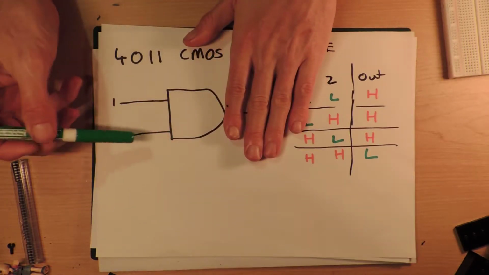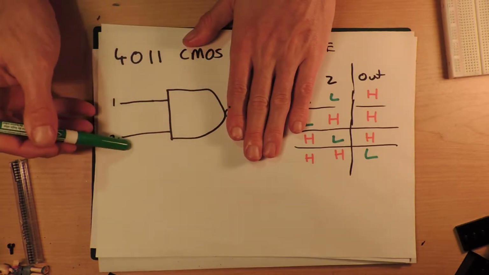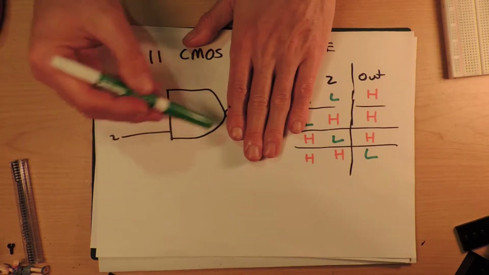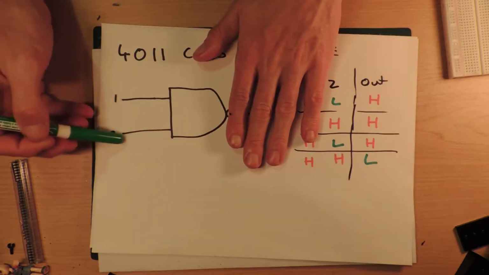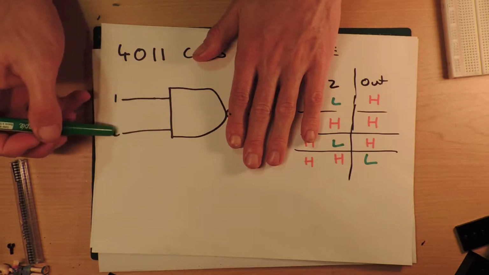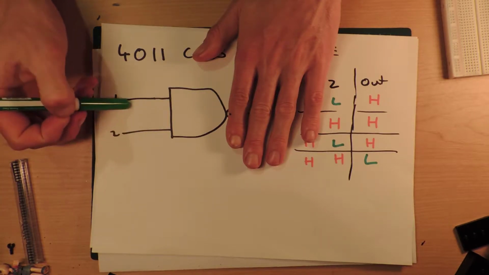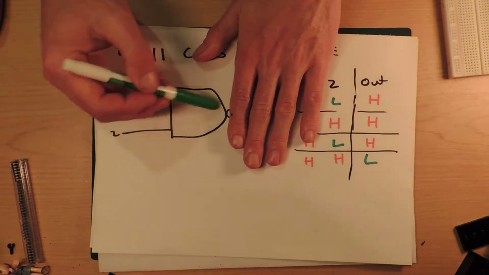An AND gate is only high when both of these are high, and otherwise it's low. If you imagine them as Boolean things, high means true and low means false. If both are true, so if something and something is true, then the output is true.